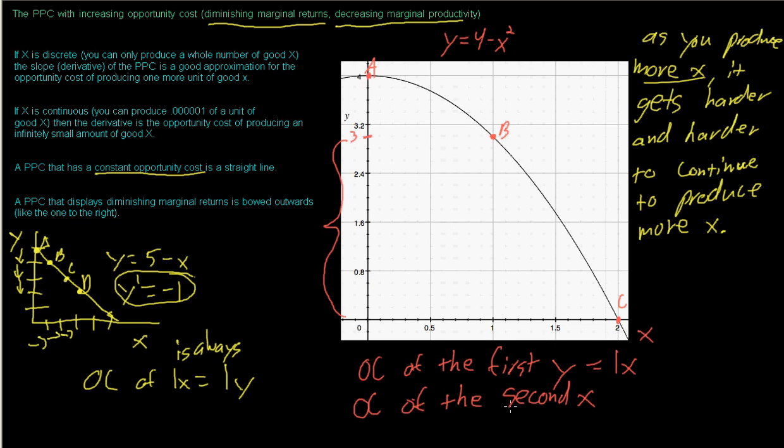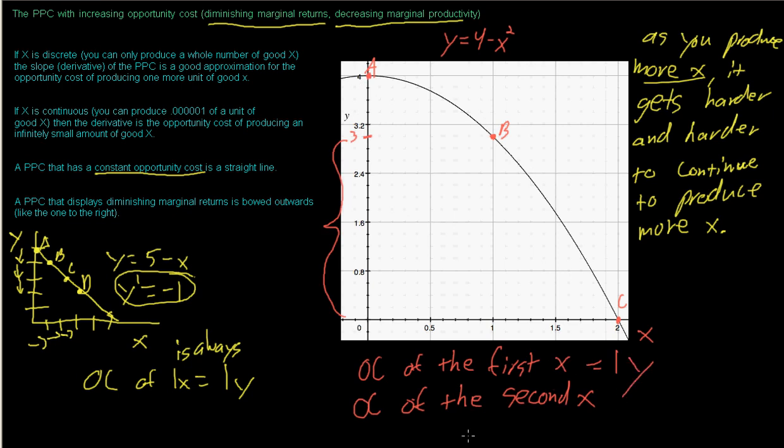So the opportunity cost of the second good x, oh sorry, I flipped this entire thing up here. Let me just go ahead and erase that for a second. So I hope that you caught that as I was going along, but the opportunity cost of the first x is equal to 1 y. I just flipped that around.